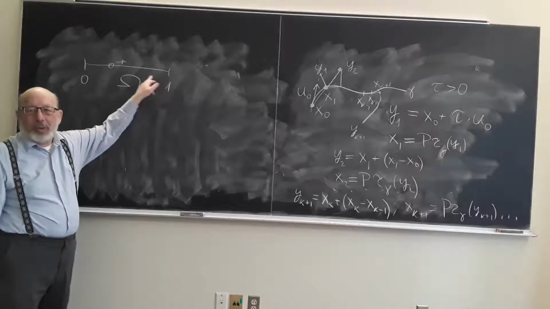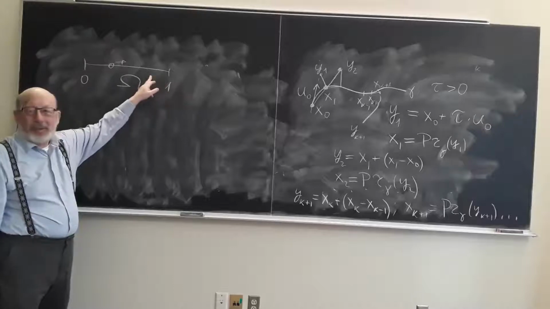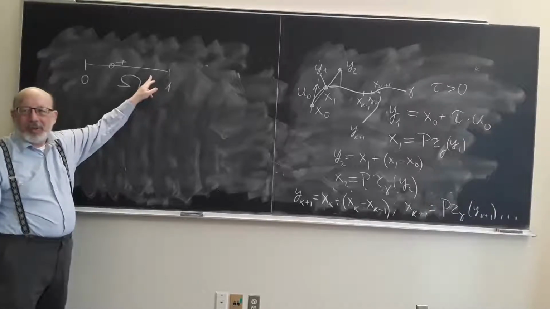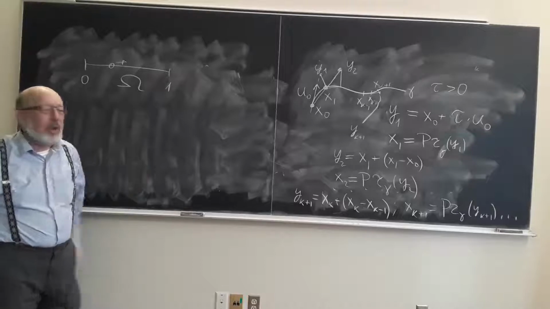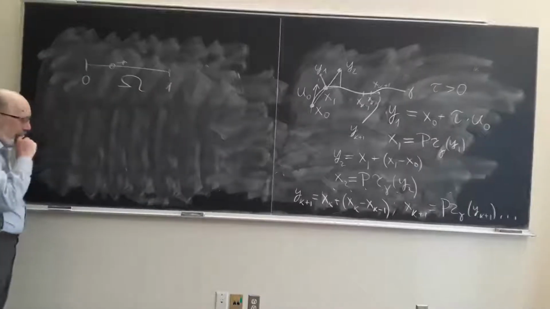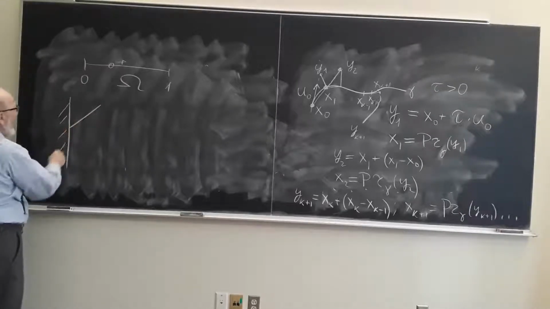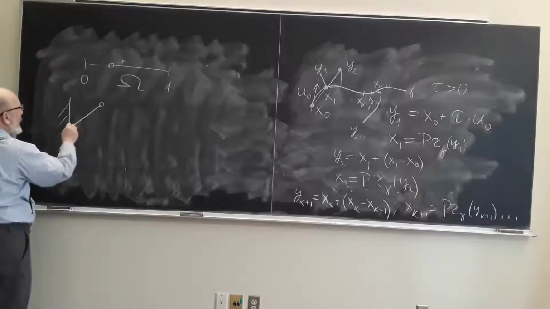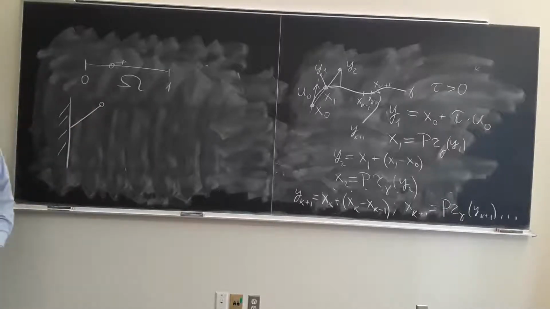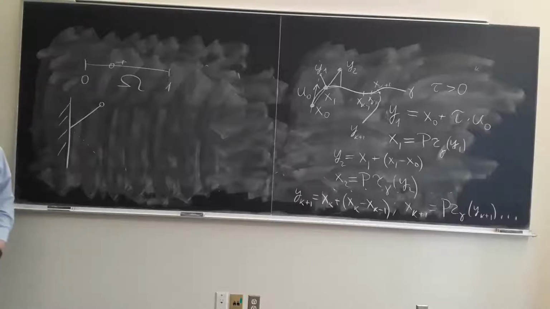What happens? Will it bounce back? Or will it stop? Will it bounce back with different speed? How to describe it? If you have a point which is moving and hitting the wall, what will happen with this particle? We think that it will bounce back by the law, but why?